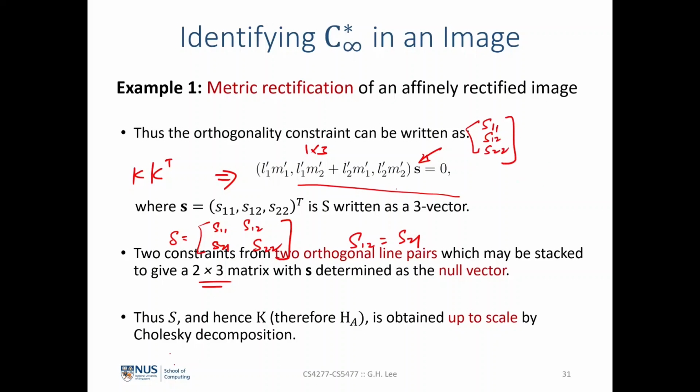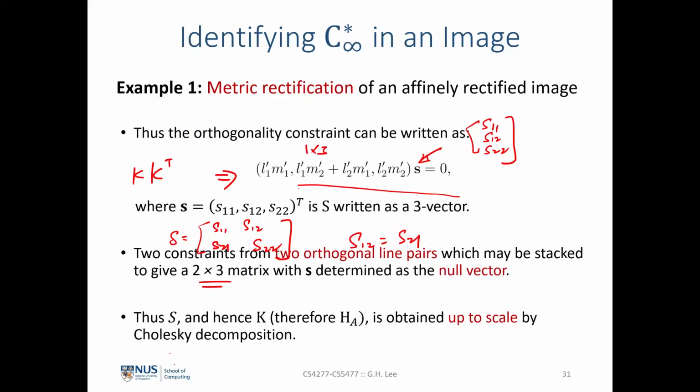This means that 1 pair of orthogonal lines will give us 1 equation in terms of the 3 unknowns here, but it's only defined up to scale. So we'll only be able to define the third element as a linear combination of the first 2 elements. What happens here is that we'll only need 2 constraints to solve for this null space equation. So we can stack these 2 together.